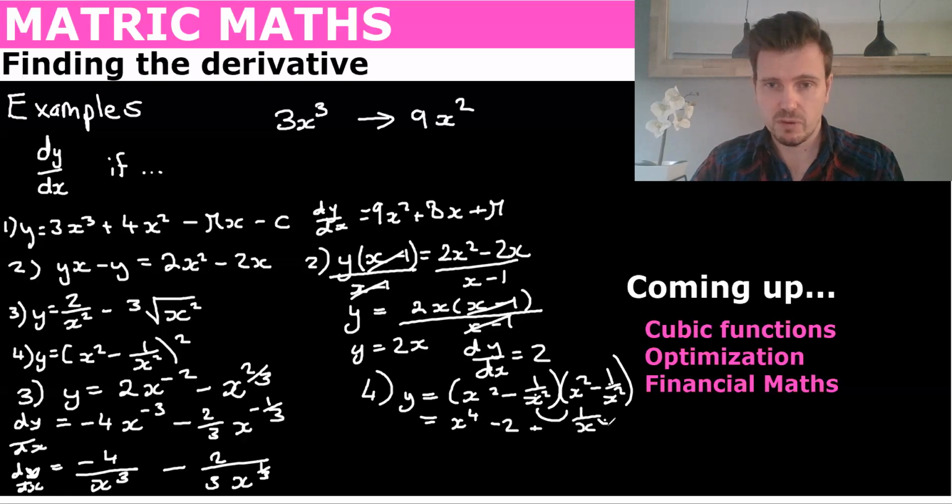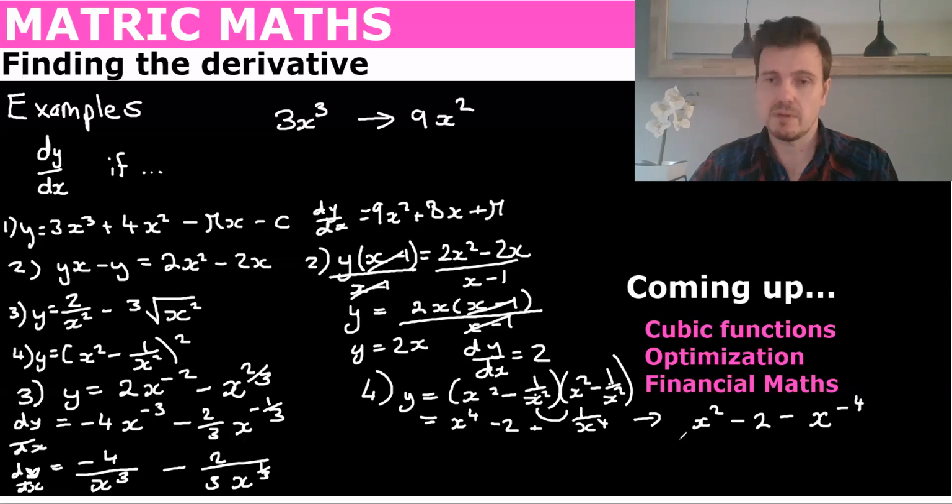Okay, and now I'm just going to carry on over here, x to the 4 minus 2 plus, and I'm going to take the x to the 4 to the top and it becomes x to the minus 4.